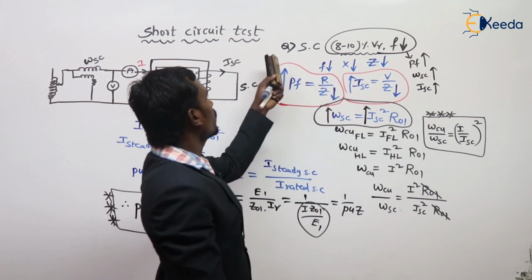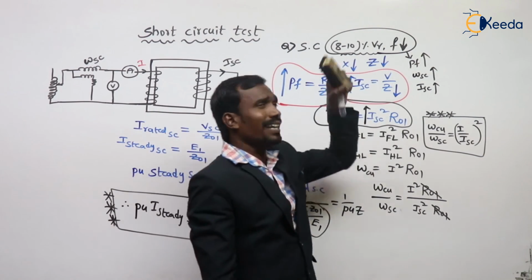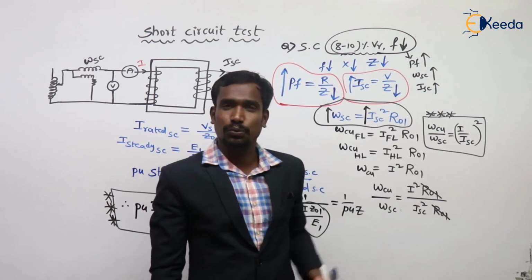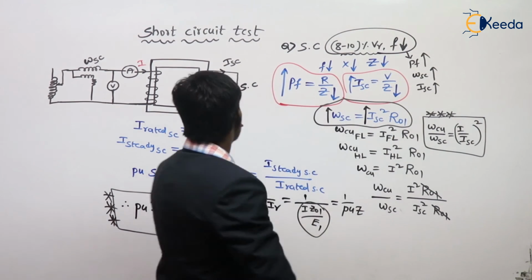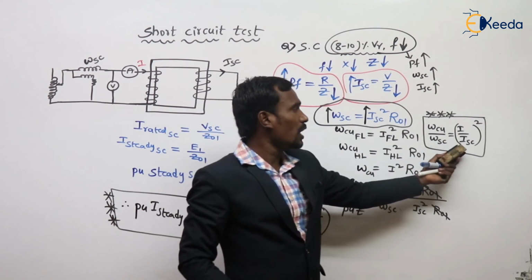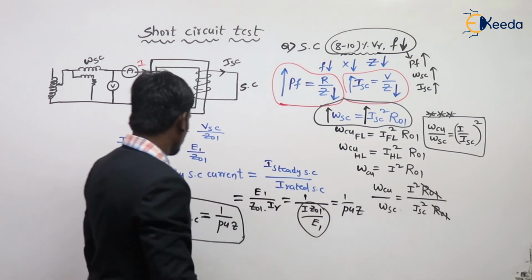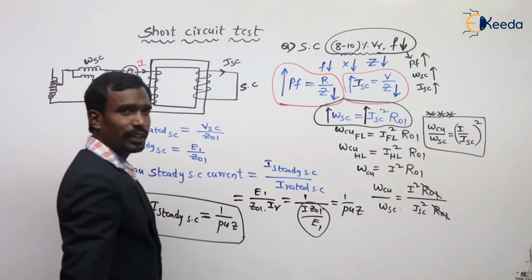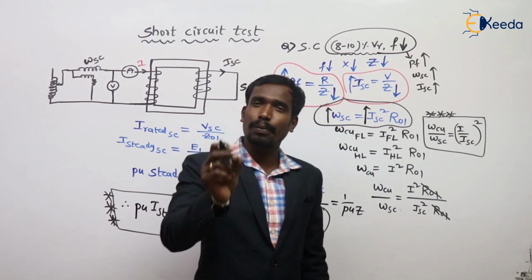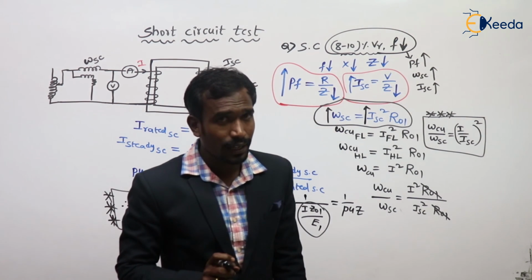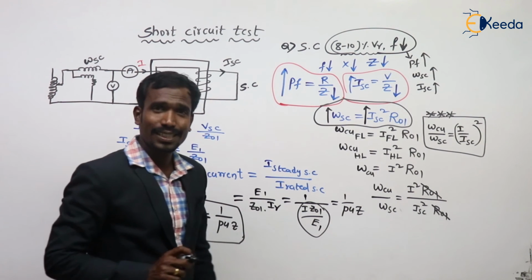This is simply short circuit test special case 1. For special case 2, you have to do it with increased frequency. This is simply about the short circuit test and its calculations. You have to remember this one and this one also: per unit steady short circuit current is equal to 1 by per unit impedance. Are you okay? Right? Thank you, sir.